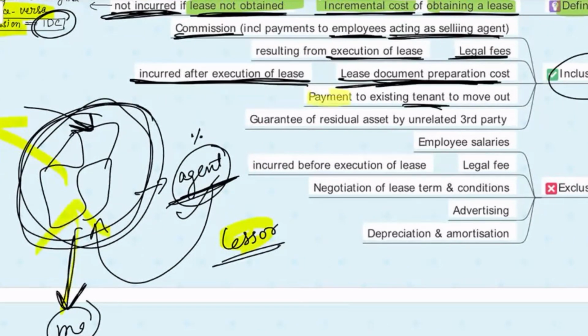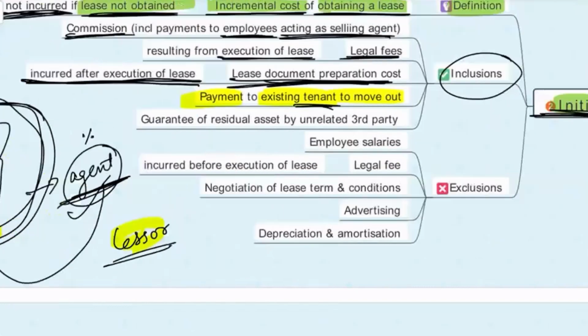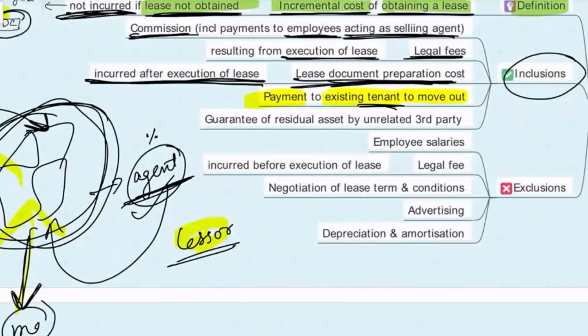So any payment that we are making for the existing tenant to move out, so that the lessor is able to send out the existing tenant, that extra payment will also get included as your initial direct cost, not indirect cost, initial direct cost.